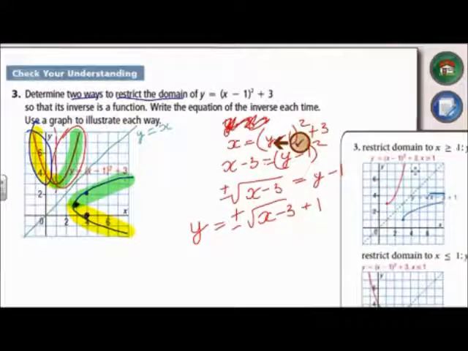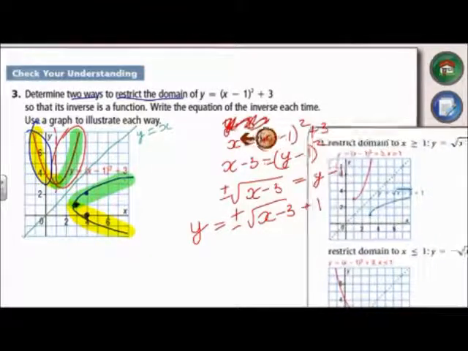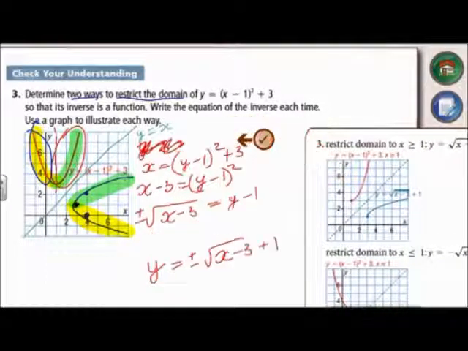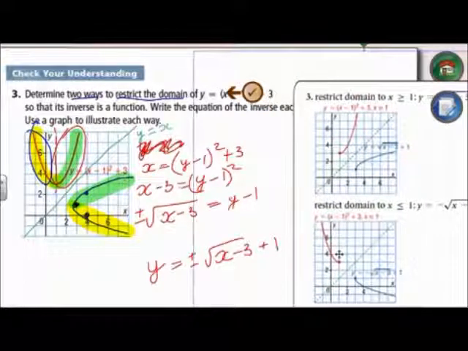So there's the first one. We are going to restrict the domain of the original so that we're either talking about just the right side, which is x greater than or equal to the 1 value, or taking the left side, which is x less than or equal to that 1 value, and the 1 was our vertex.